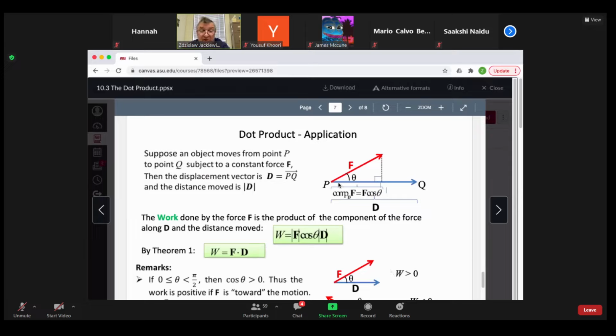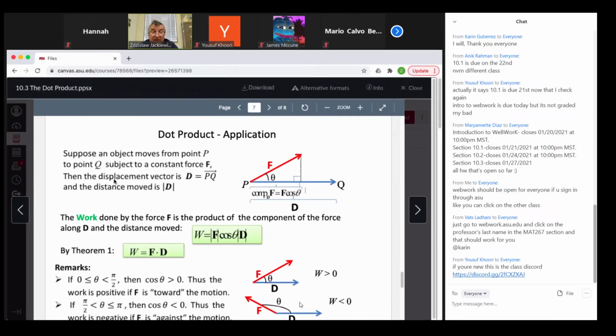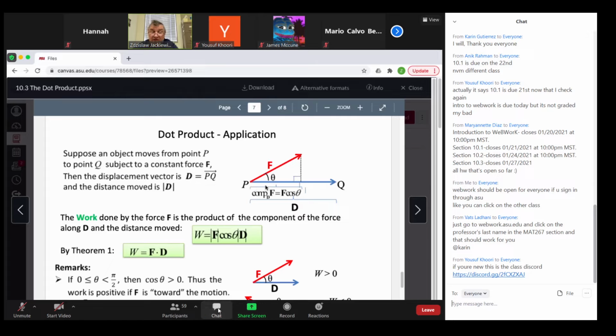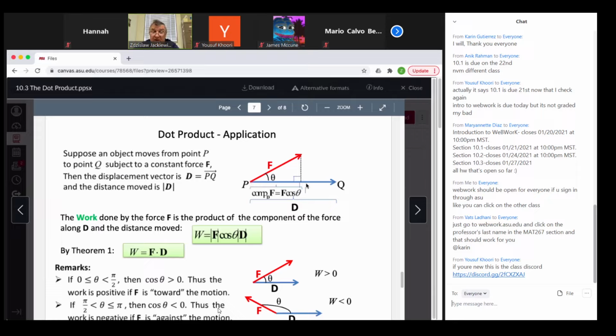Suppose an object moves from point P to point Q. That's a displacement vector, PQ, subject to a constant force F. This force forms an angle theta with the displacement. Let's call the displacement vector PQ by vector D. The distance this point moved is the magnitude of D, because the distance is the magnitude of this vector.